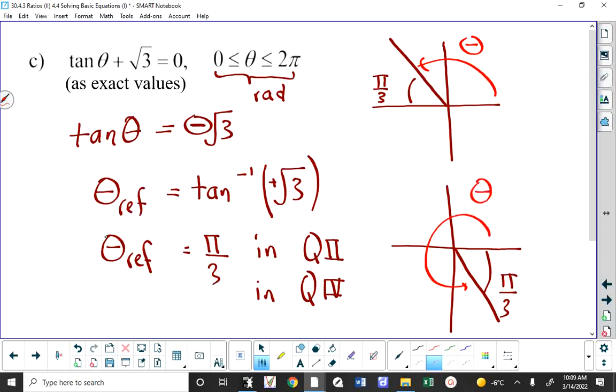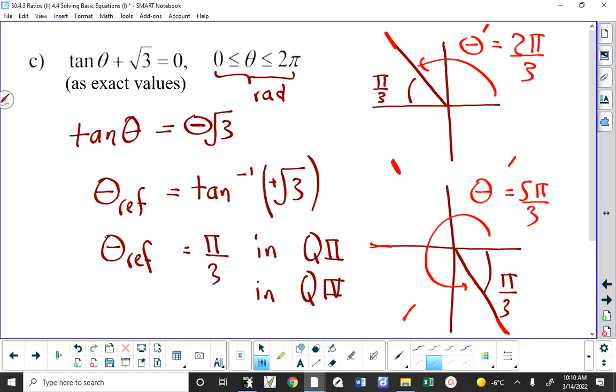Well, this is 2 pi over 3. There's 1 pi over 3, 2 pi over 3. What about this one? This is 1 pi over 3, 2 pi over 3, 3 pi over 3, 4 pi over 3. This would be 5 pi over 3. And we're done.